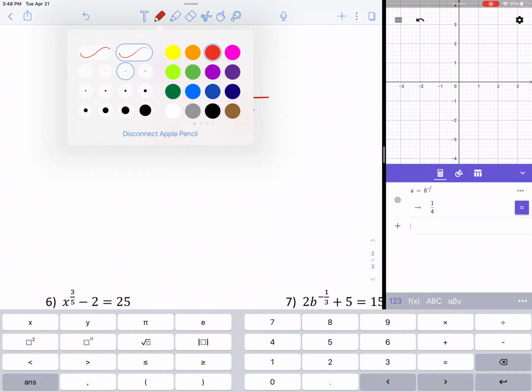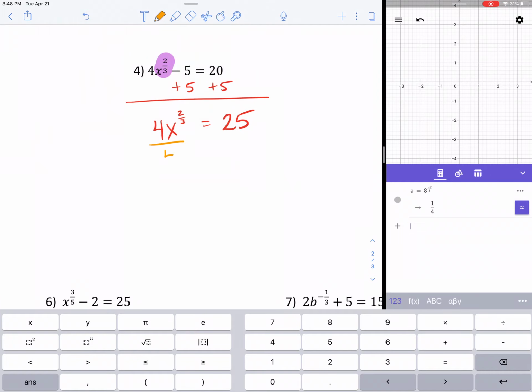Then I'm going to divide both sides by 4. So I get x to the 2/3 power is now isolated. The power is isolated: 25/4. I'm just going to keep it as a fraction because it doesn't divide in.